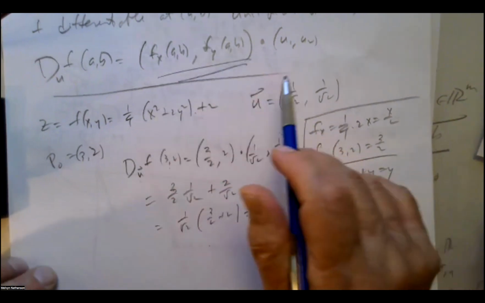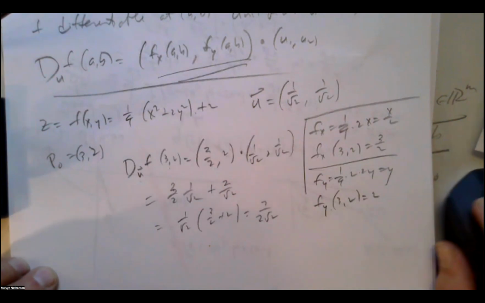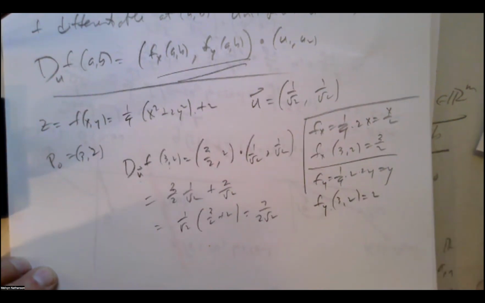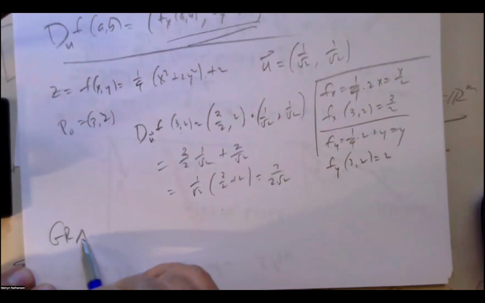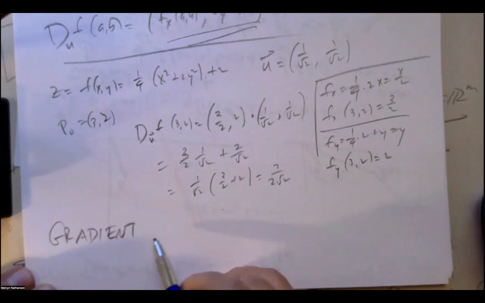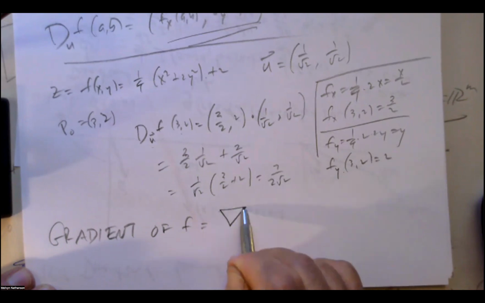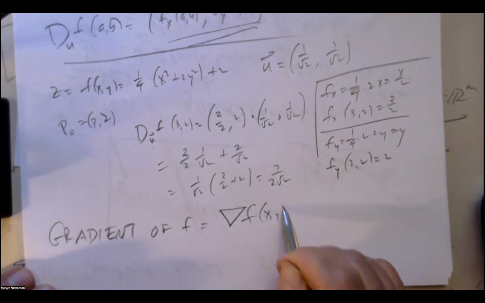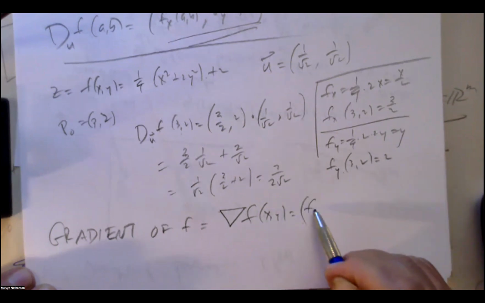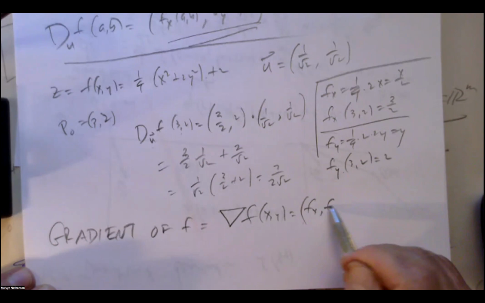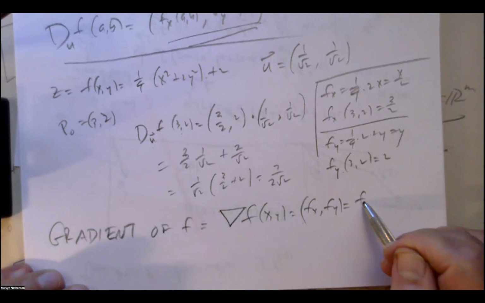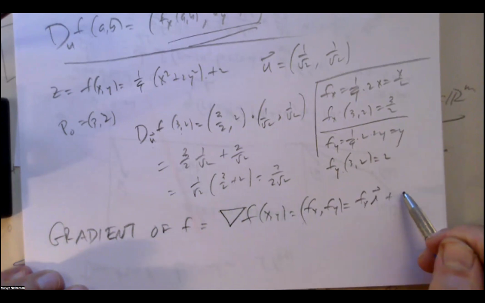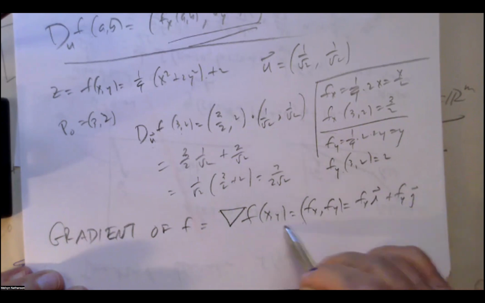This vector is very important and has a name. It's called the gradient. So the gradient of f, which is usually written with the upside down Greek letter delta of f at x, y, is the vector whose coordinates are the partial of f with respect to x and the partial of f with respect to y, or using i, j notation, partial of f with respect to x i plus the partial of f with respect to y j.